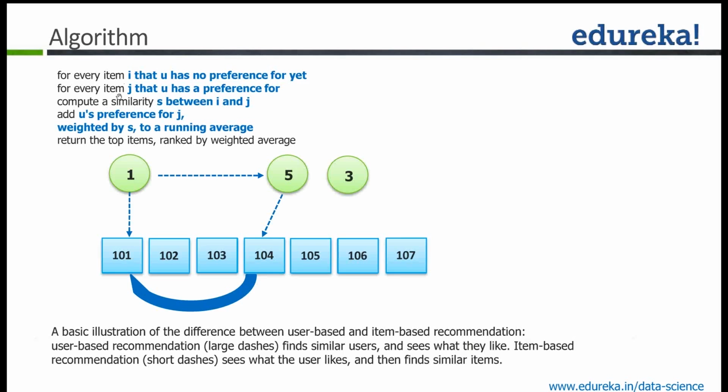Item J is something that the user has already seen or purchased. And you are computing the similarity between I and J.